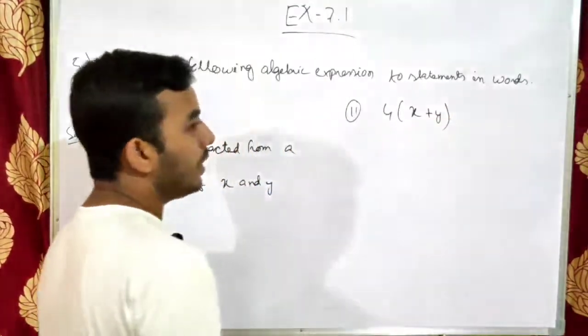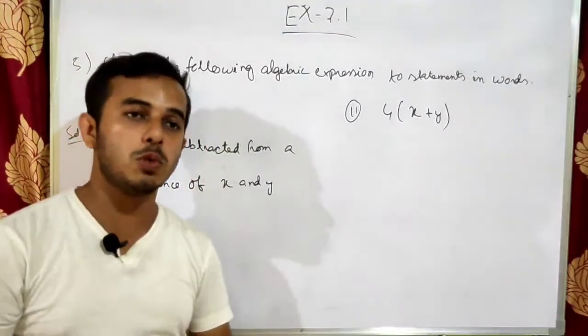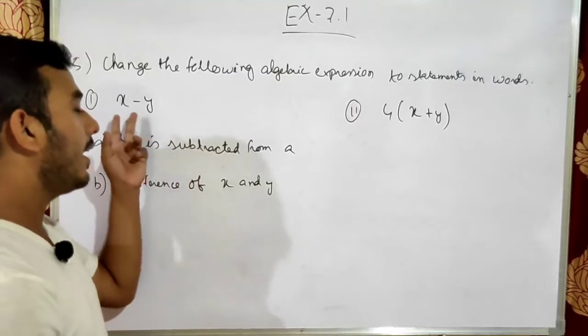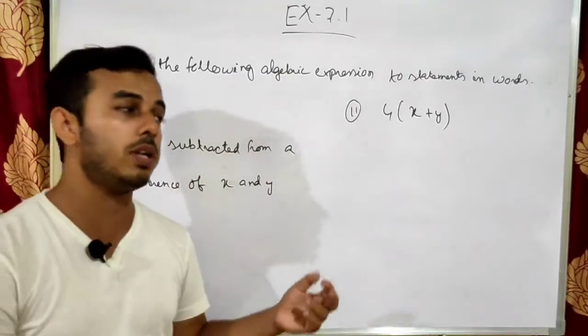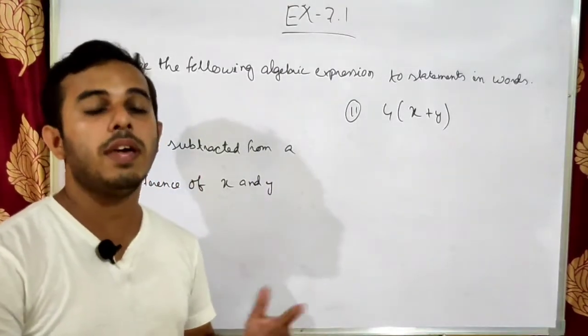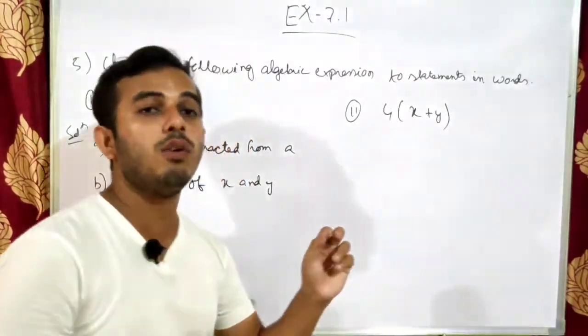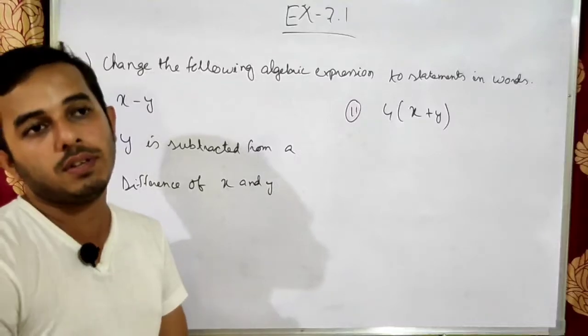So x plus y means sum of x and y, isn't it? Like here, x minus y means difference of x and y, x plus y means sum of x and y. And here 4, so we'll write 4 times the sum of x and y. Finish.